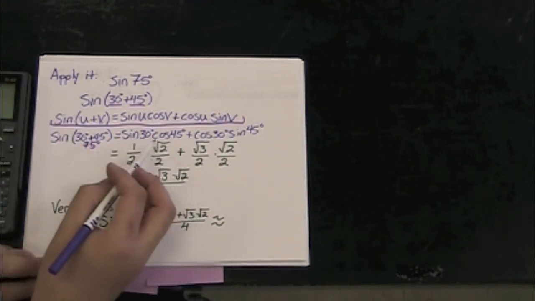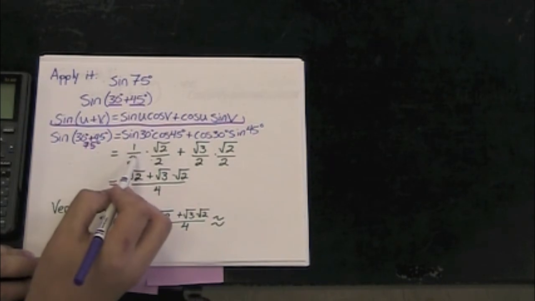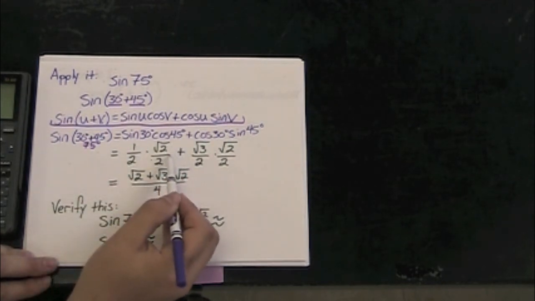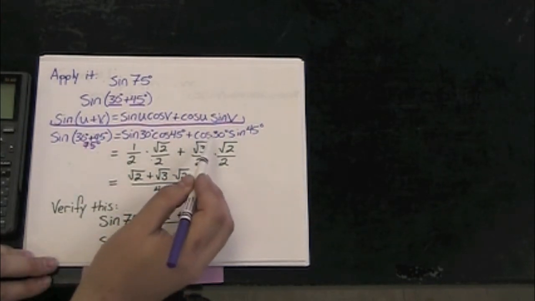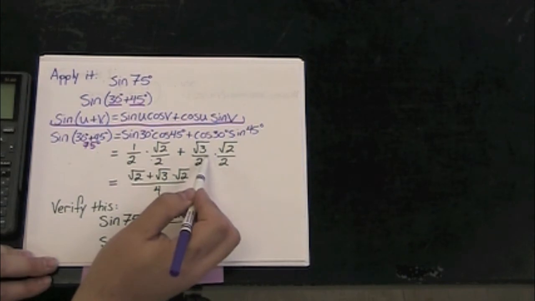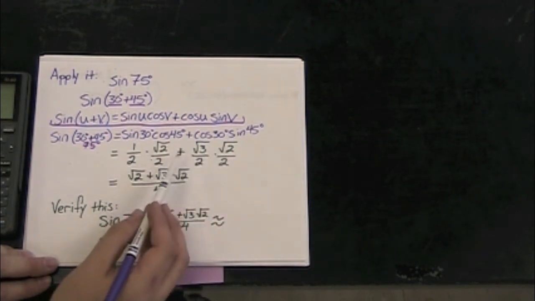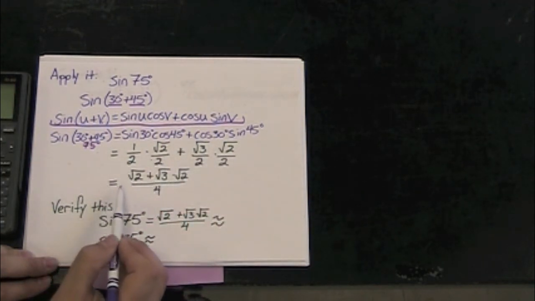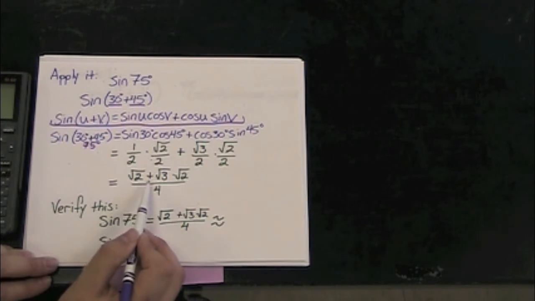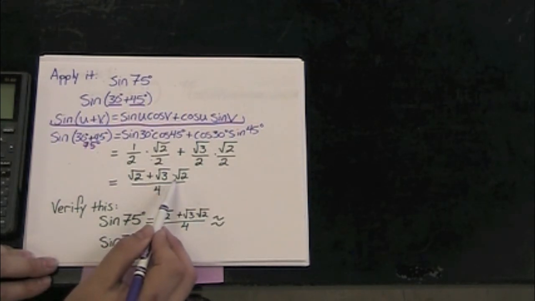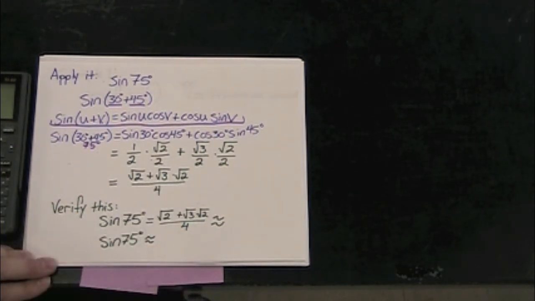If I substitute in values that I know, sine of 30 is 1/2, cosine of 45 is square root of 2/2, cosine of 30 is square root of 3/2, sine of 45 is square root of 2/2, and I simplify, I get the square root of 2 plus the square root of 3 times the square root of 2, all divided by 4.